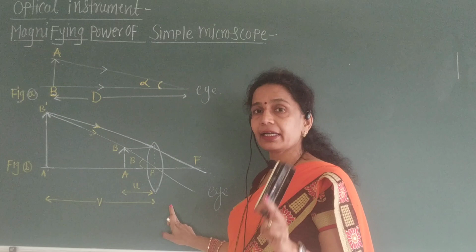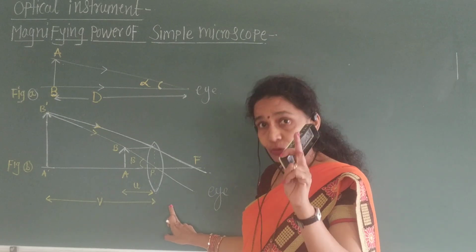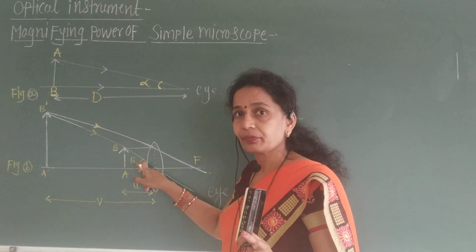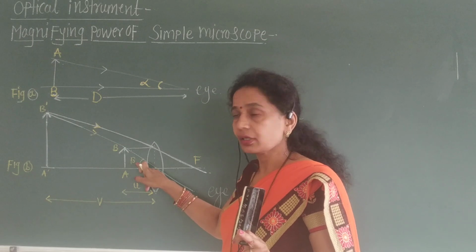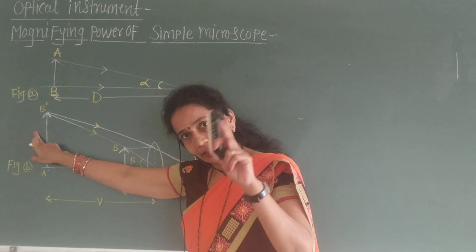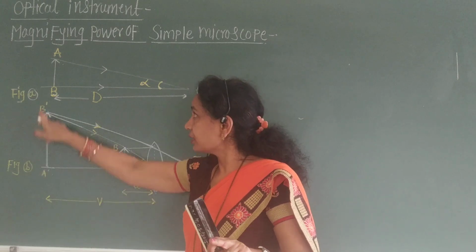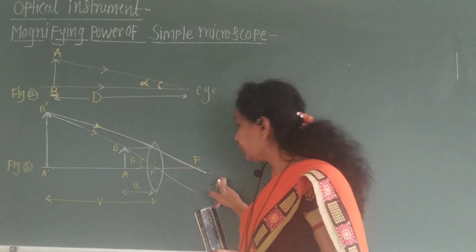And the second ray diagram is for visual angle beta made by the image A dash B dash with the eye.